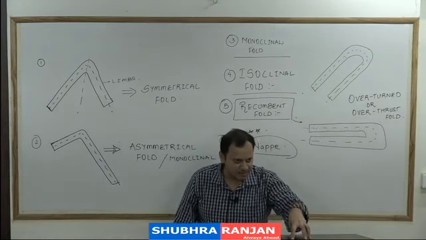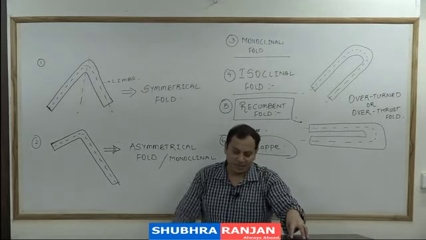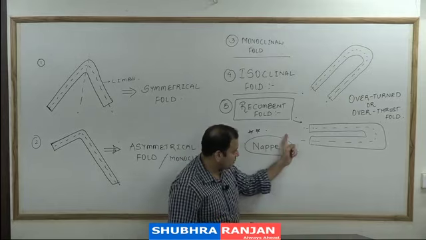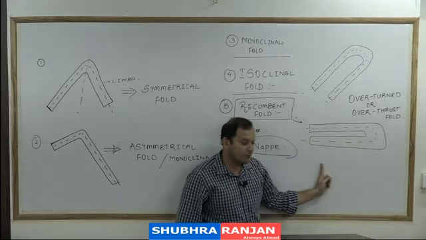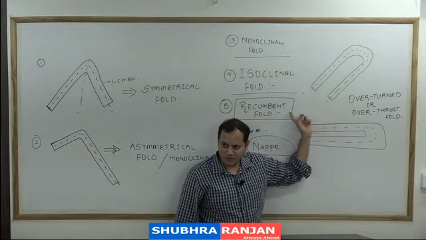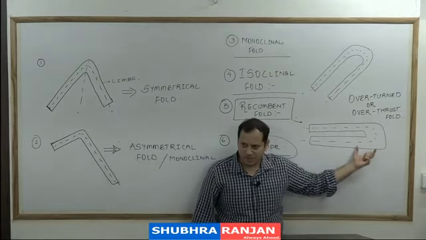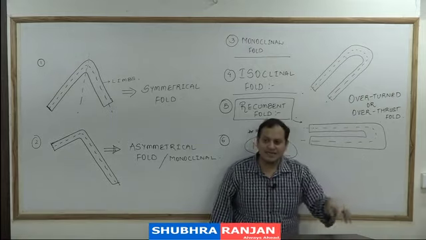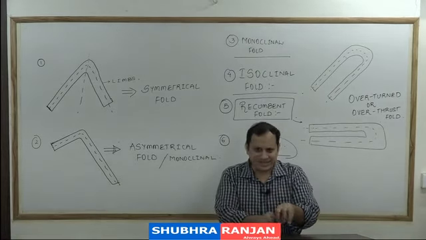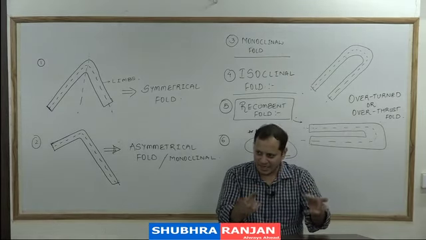There is a chance that the fold can break because in every part the rocks are different. Remember the crust lecture, because the dimension of this entire fold can be more than 500 kilometers, so it is not necessary that each and every part is made up of the same rocks. Now suppose it is made up of less elastic rock such as marble, which cannot be folded, such as granite which cannot be folded, limestone is more or less elastic.